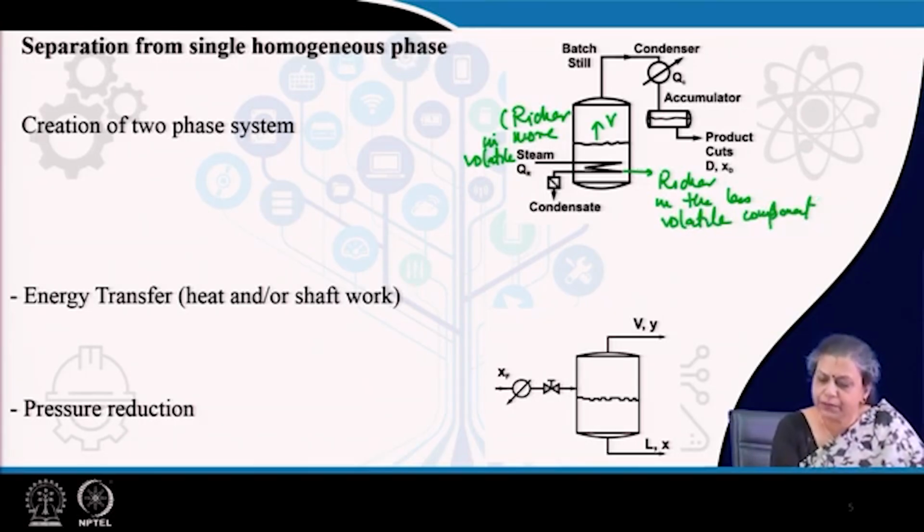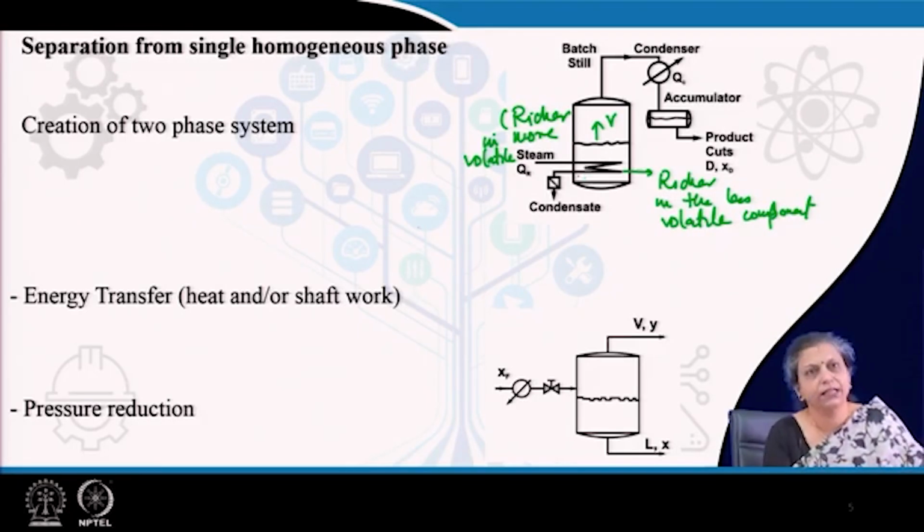This particular vapor rises up, is condensed and collects in the accumulator where we receive a product. Quite naturally, this product is richer in the more volatile components and it leaves behind another product in the still which is richer in the less volatile component.